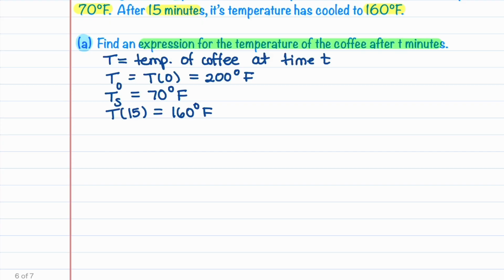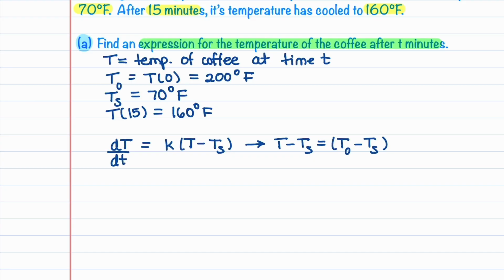The temperature of any object that cools obeys Newton's law of cooling, and that tells us that the rate of change of the temperature, dT/dt, is equal to k times T minus T sub S. The solution then to this differential equation is T minus T sub S is equal to T sub 0 minus T sub S times e to the kt.